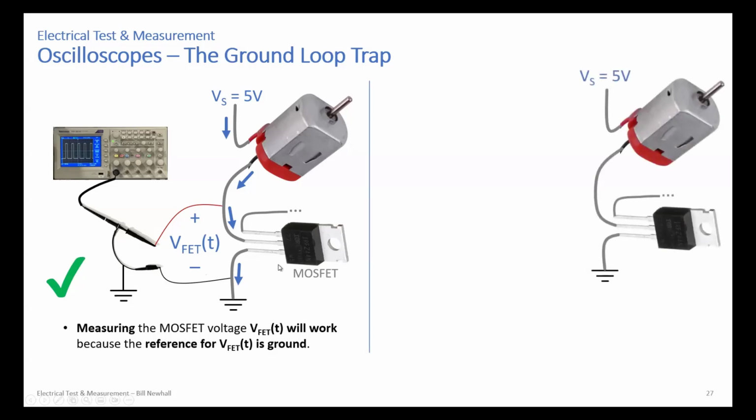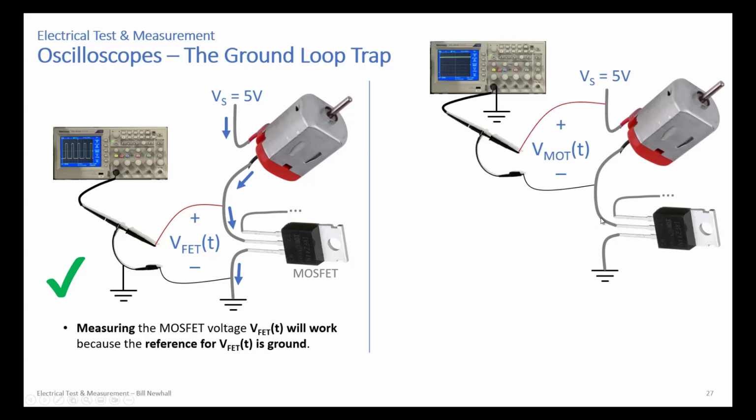Okay, let's suppose you have the same circuit and you want to measure the motor voltage. You're going to do this in lab. And you're tempted to, well, let's just connect the ground of the oscilloscope here and the tip of the probe here at 5 volts. But the problem is when you've done this and you have this test equipment hooked up and it's all connected to a common ground, you're actually causing a current path.